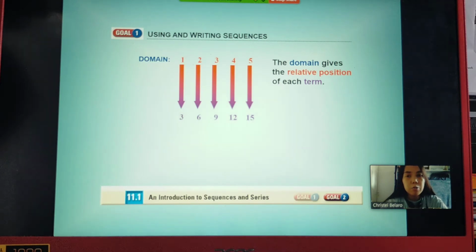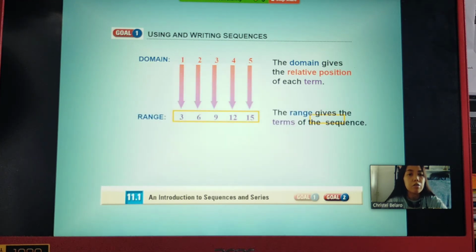When we substitute n into the given formula or general rule, we get an output, which is 3. When we substitute n equal to 2, we get the value 6, and so on and so forth. So the domain is the input, and 3, 6, 9, 12, and 15, we call them the range. It's the set of y values. Domain is the set of x values. Range is the set of y values. The range gives the terms of the sequence.